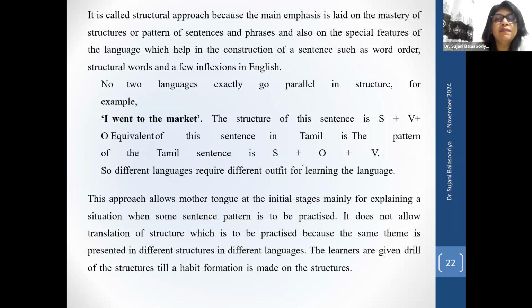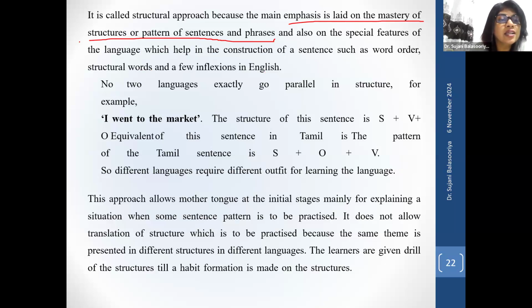Main emphasis is laid on the mastery of structures. I am underlining the key ideas there. Mastery of structures or patterns of sentences and phrases, and also on the special features of the language which help in the construction of a sentence, such as word order, structural words, and a few inflections in English.